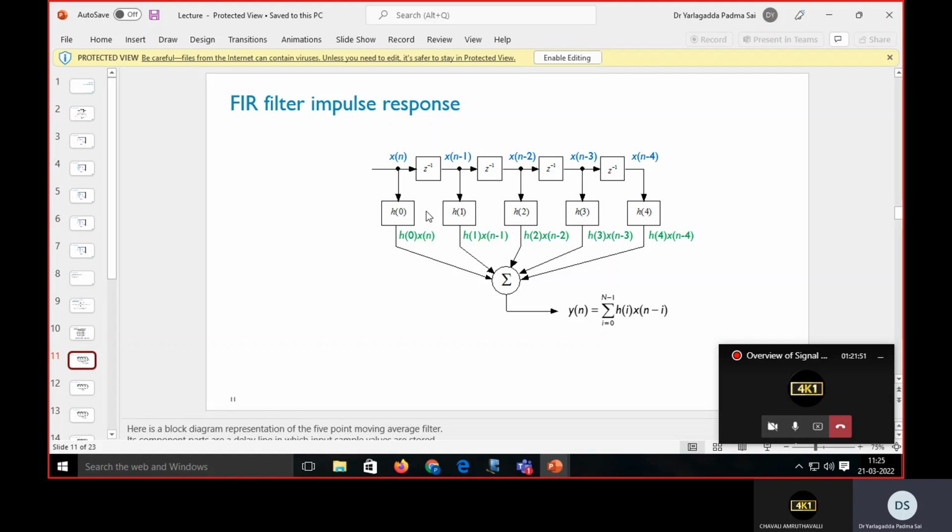This one we are calling direct form representation. Suppose you want to represent your FIR equation, this is the direct form representation of your FIR filter. Here each and every coefficient we are considering without considering the linear phase condition of FIR.